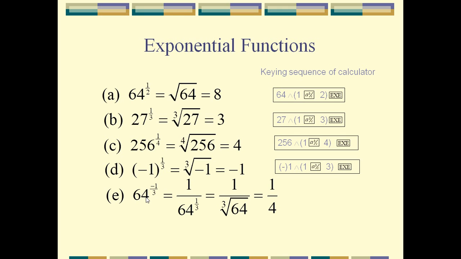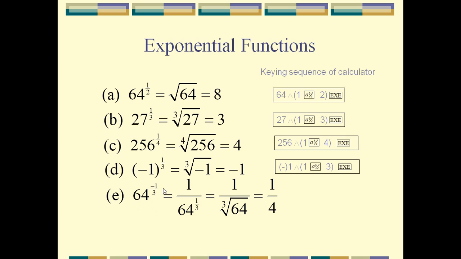And 64 to the power negative 1 over 3. If you do not have your calculator, you will first make this negative sign become a positive sign with the reciprocal on the denominator. And then this is the cube root of 64, and you find it is just 4, so you get 1 over 4.